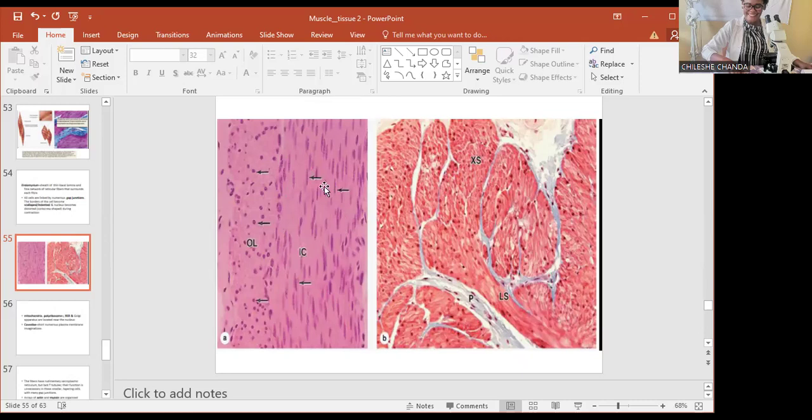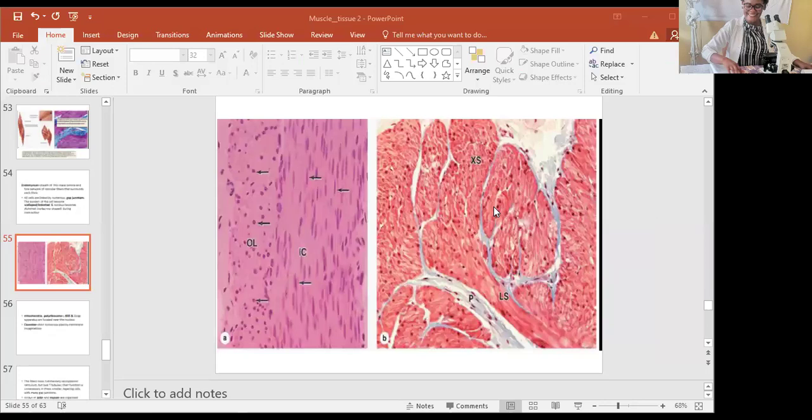So this will be the internal circular layer, and this will be the external longitudinal layer.